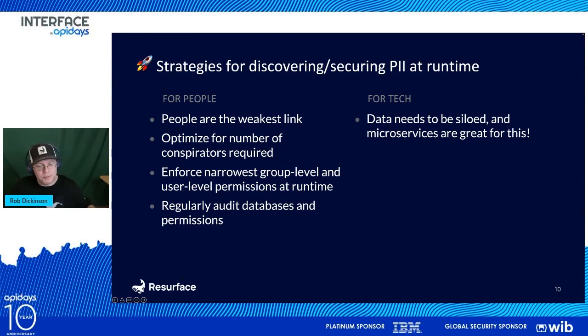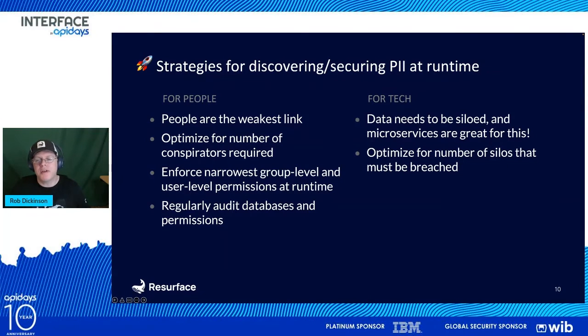So again, having those permissions in place. So you may be able to access the user data, but not the billing data. You may be able to access the billing data, but not the operational data. So breaking that data down into those different microservices, I think is a great opportunity. Have your security and your permissioning and your PII handling then reflect those individual microservices, and it'll be more compartmentalized.